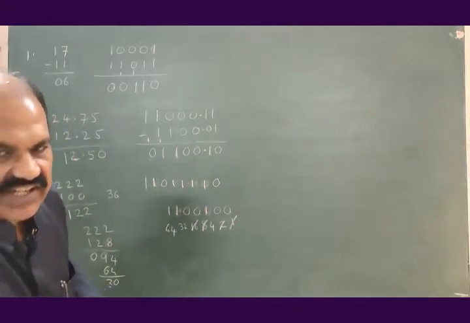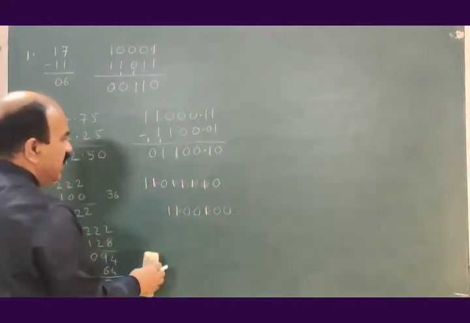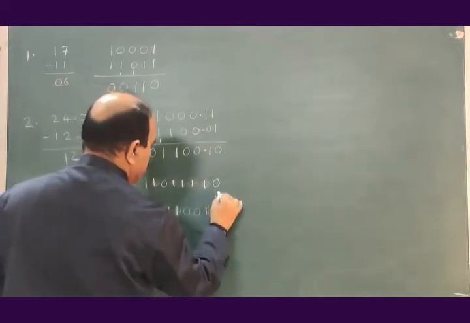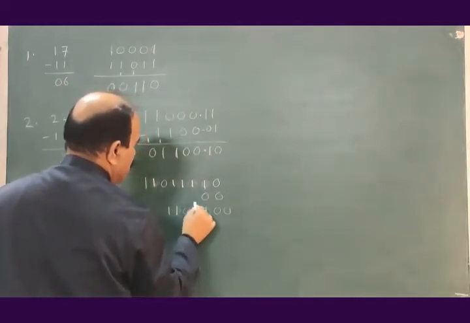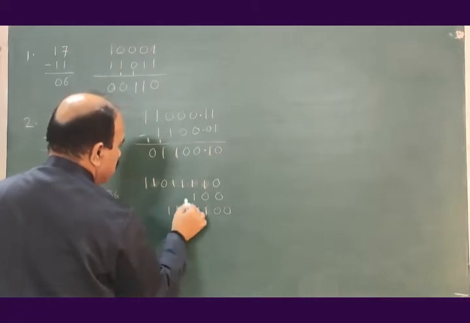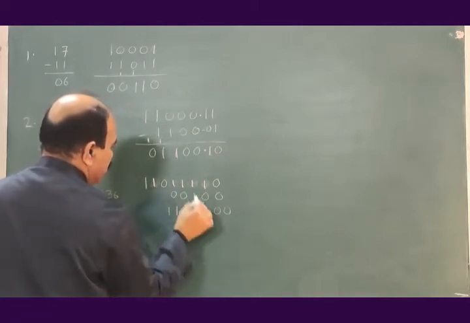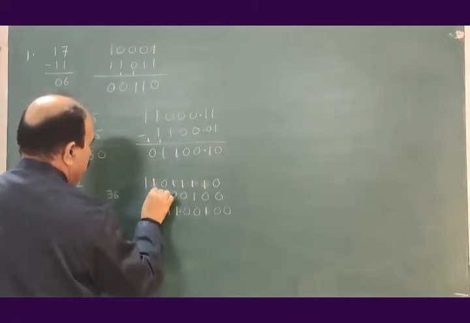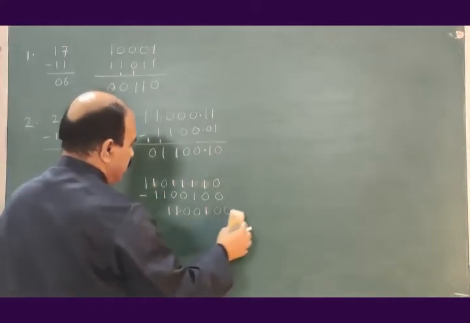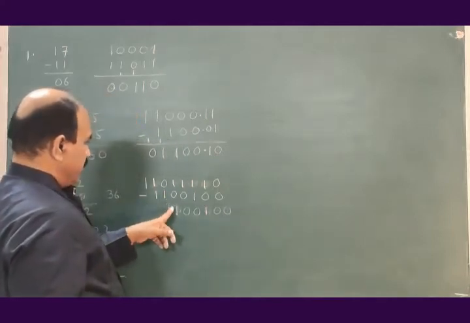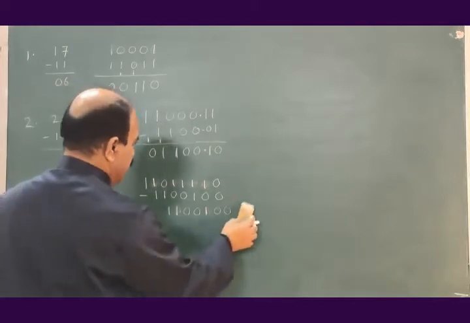So, this is 100, correct. And now put here 0, 0, 1, 0, 0, 1, 1, and 1, 1, 0, 0, 1, 0, 0, correct.